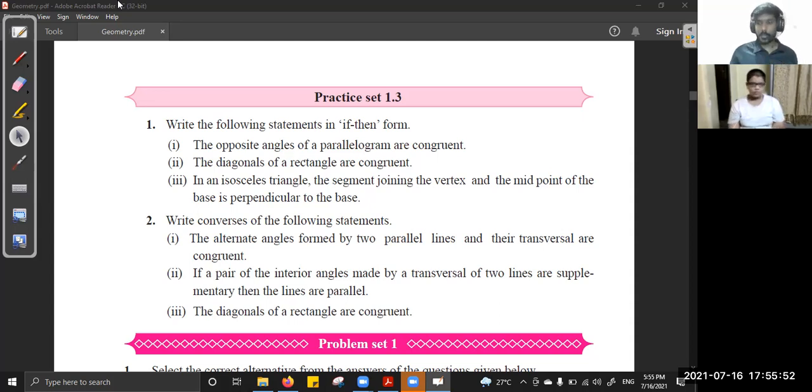Write down the answer before you forget. If a quadrilateral is a parallelogram, then the opposite angles are congruent.